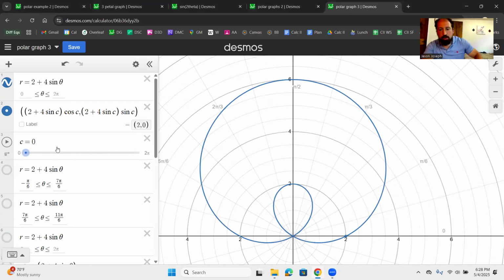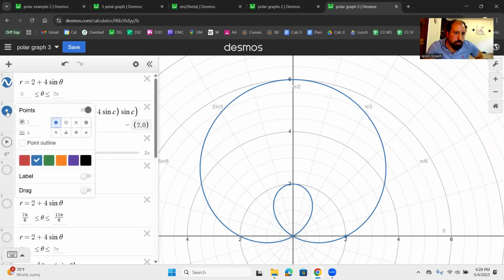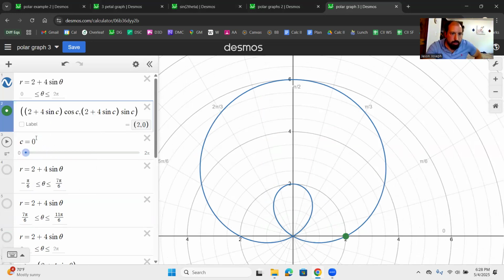Now, when theta is 0, sine of 0 is 0, so r is 2. So we're actually starting at this point 2 comma 0 right here. Why don't we make this a different color, a bit bigger? Whoa, that's too big. Okay, so that's our little point.